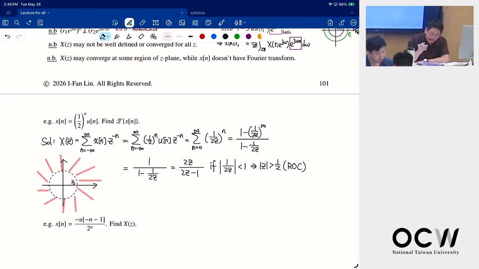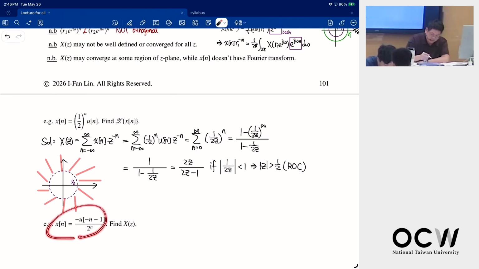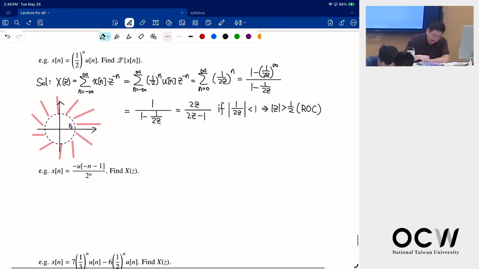Next example. Okay, find the Z transform. Still, let's use the formula and see what happens.